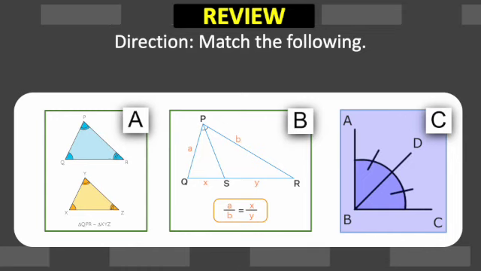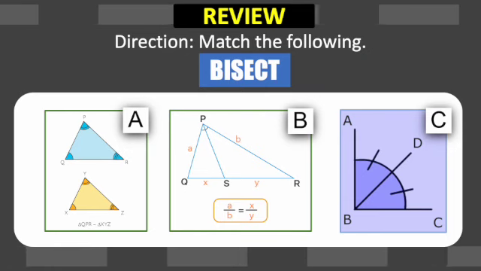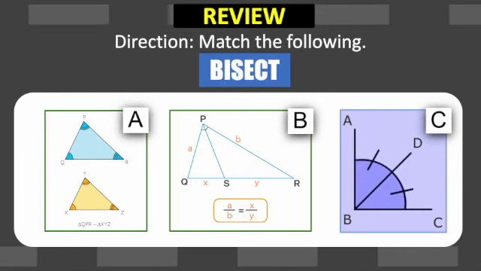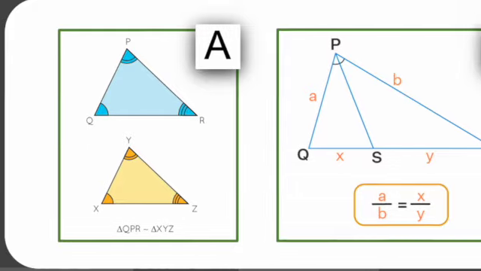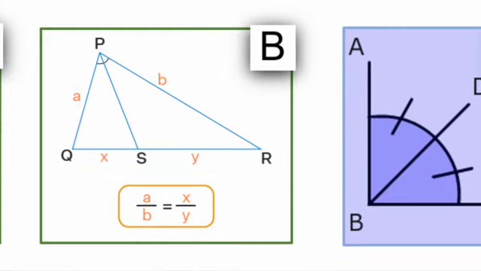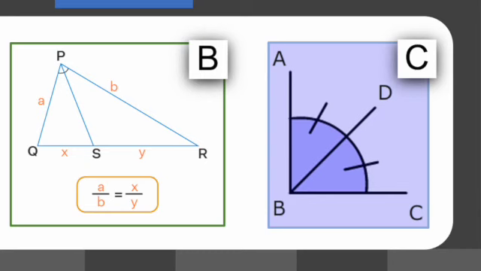First word is bisect. Which figure describes the word bisect? Is it A, B, or C? The answer is letter C.